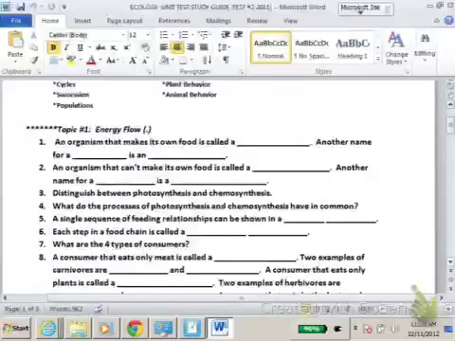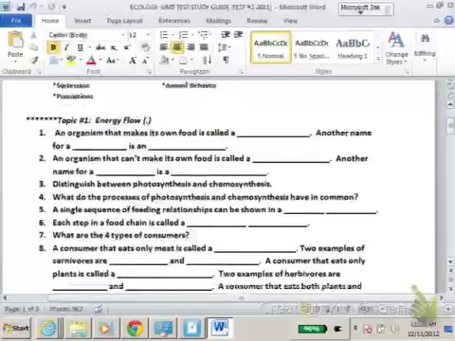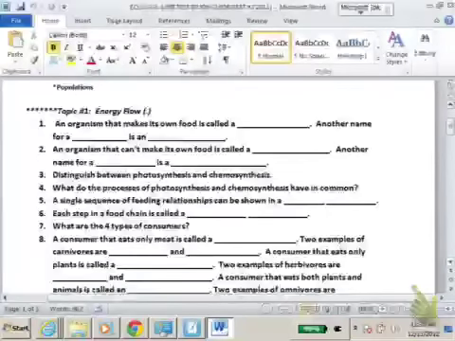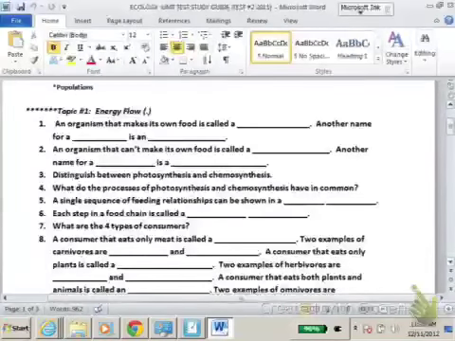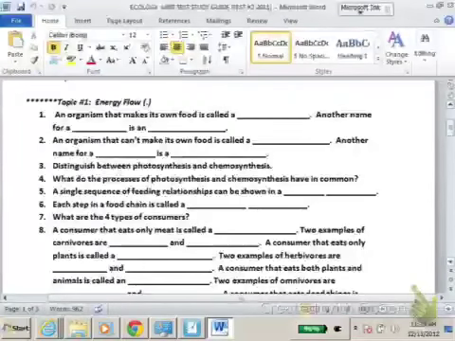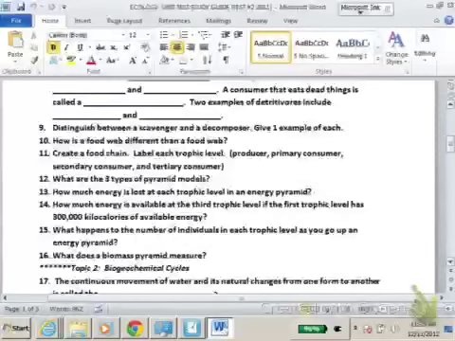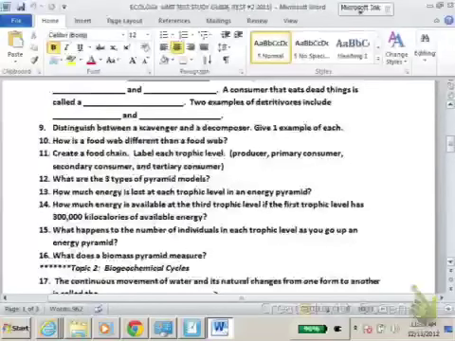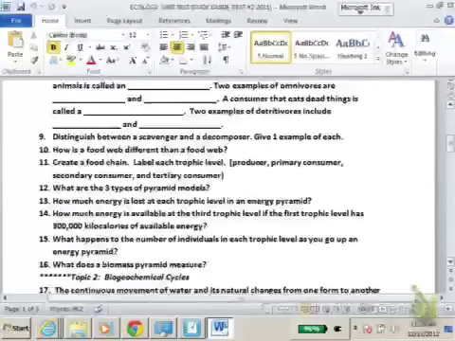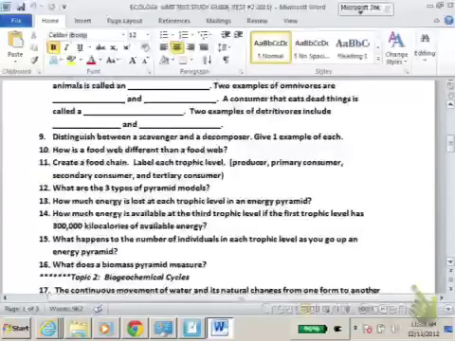A consumer that eats only plants is an herbivore. 2 examples of herbivores are horses and cows. A consumer that eats both plants and animals is called an omnivore. 2 examples of omnivores are humans and bears.